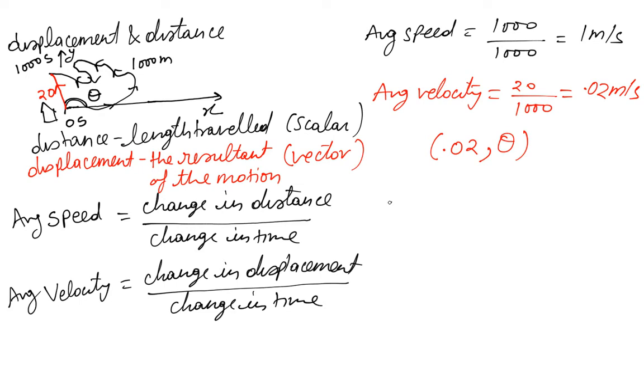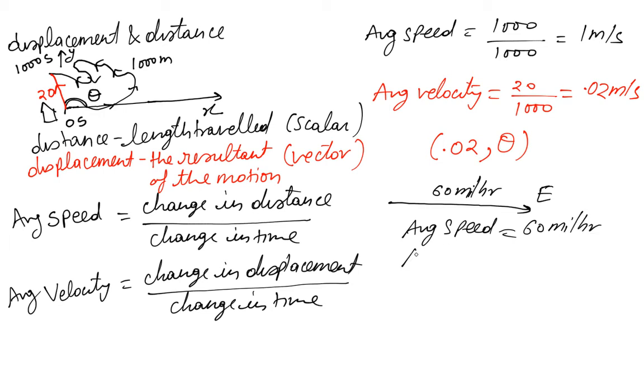Or let's say you're going in a straight line at 60 miles per hour towards east, then your average speed is 60 miles per hour, and your average velocity will be 60, 0, assuming you're traveling in the east direction, which is along the x-axis, and so the angle theta is 0. So average velocity is this. Now I hope you understood this.